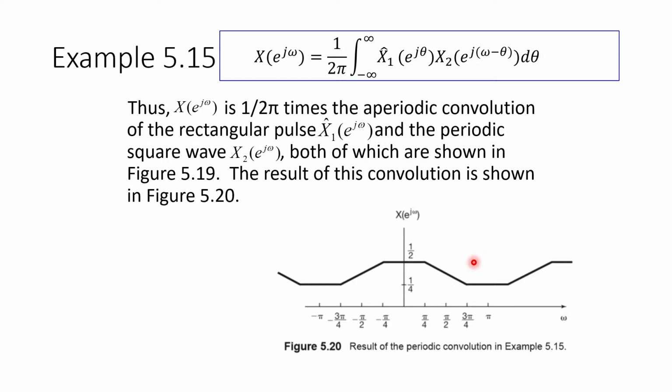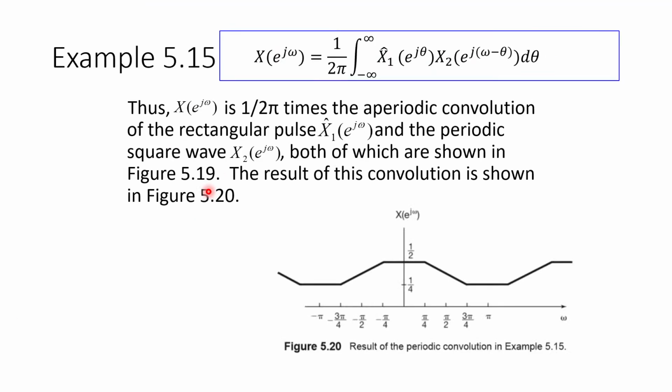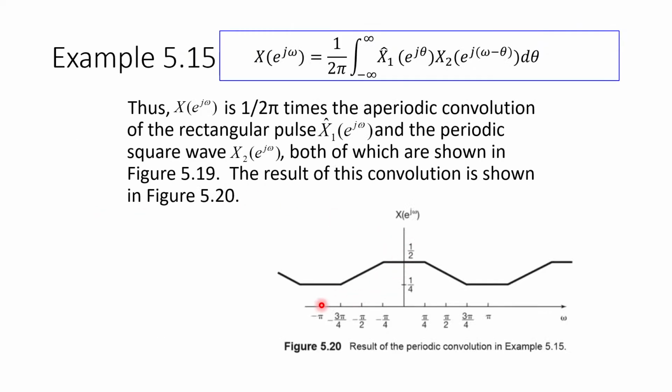Well, now we skip the calculation. We just plot the answer here. So convolution of a square wave signal is not too hard, and you can do the overlap thing, right? So if you pull this block in both sides, the more you pull it to this side, the more you get a linear decrease. That's why you get a slope here.